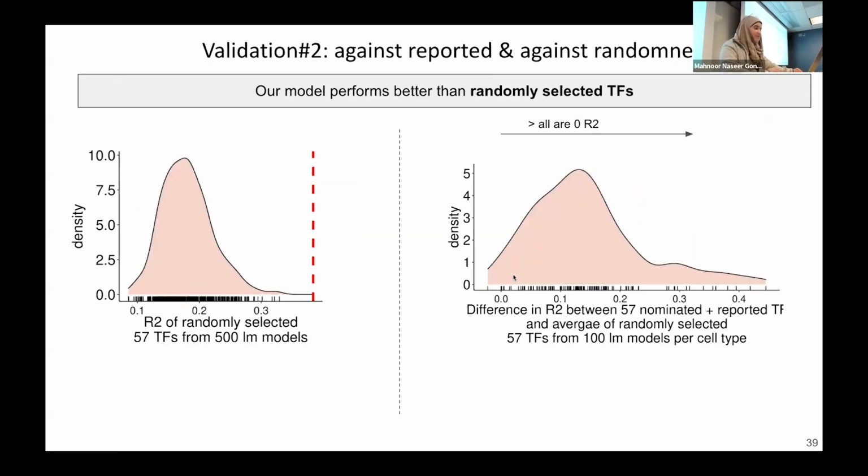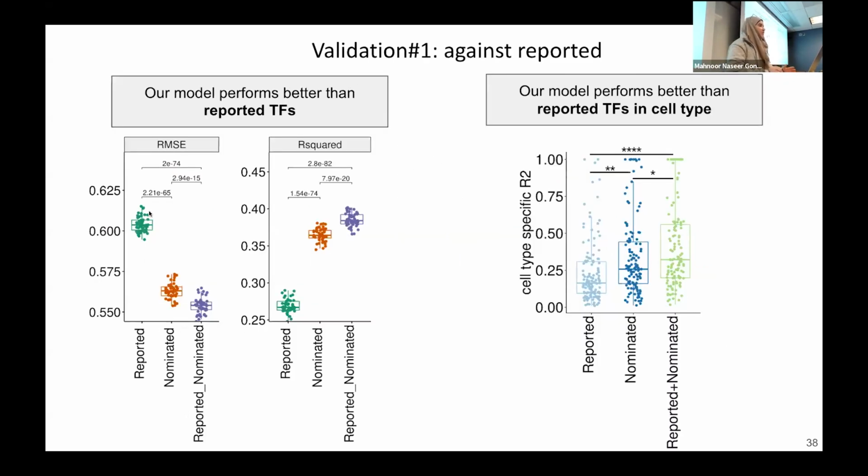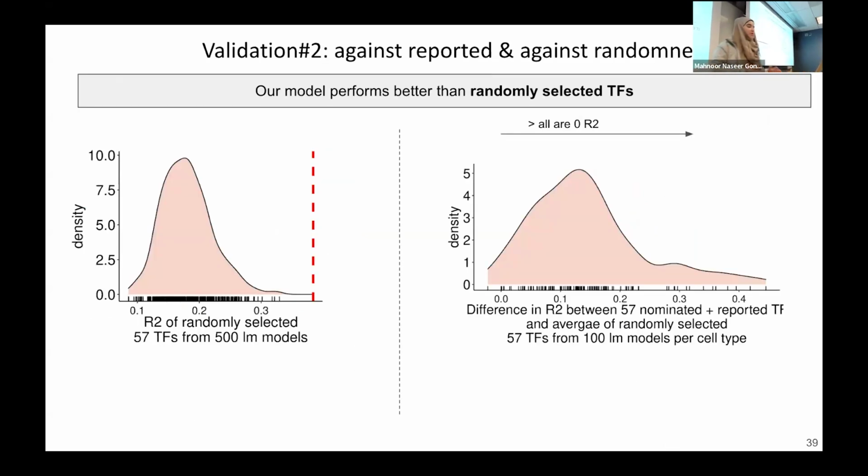The second validation was that, okay, so reported transcription factors are like, what, 18? We have a list of 104 or even 35. We have more transcription factors. Maybe just having more transcription factors makes the model better. So what we did was that we randomly selected the same amount of transcription factors that we were putting in the model.